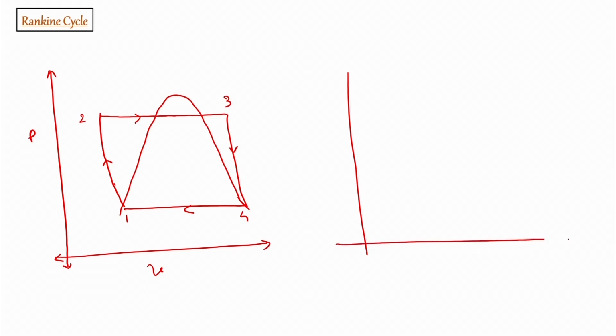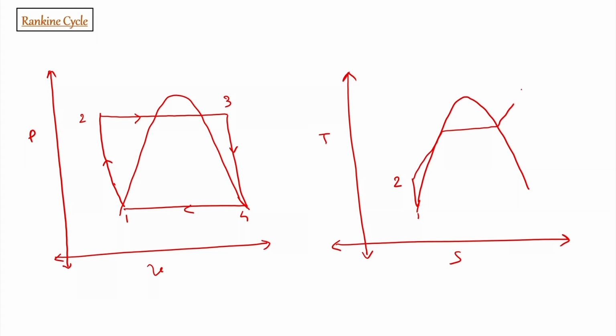And TS diagram for this would be again needing the dome, where 1 to 2 is basically isentropic compression, 2 to 3 is constant pressure heat addition, and 4 to 1 is constant pressure heat rejection.